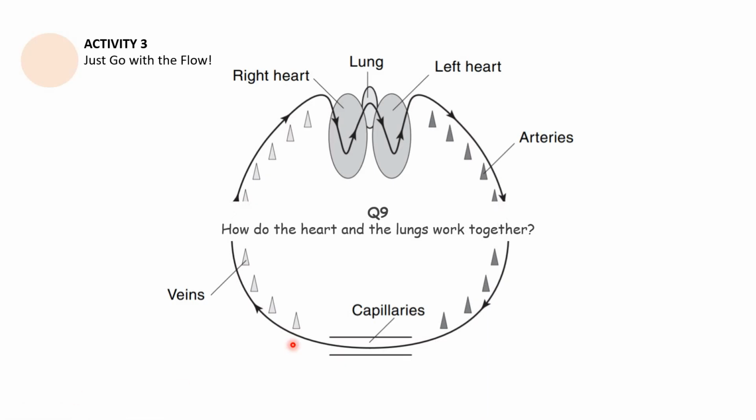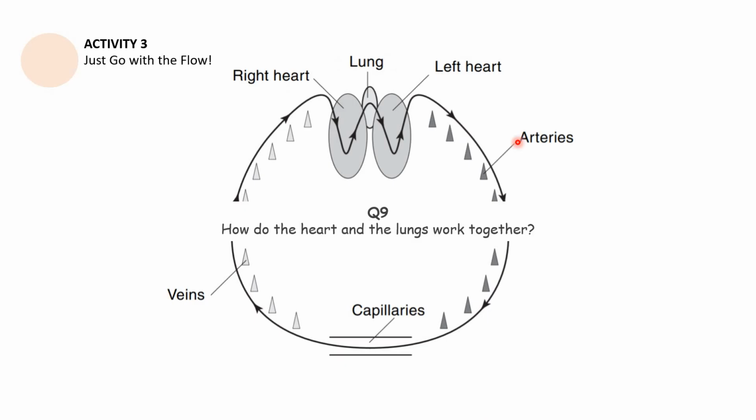Question number 9. On your study notebook, write your answers to this question. Label that part as activity number 3. Just go with the flow. Question number 9. How do the heart and the lungs work together? This requires your confidence when it comes to answering, because pretty much this illustration is not going to give you the direct answer.